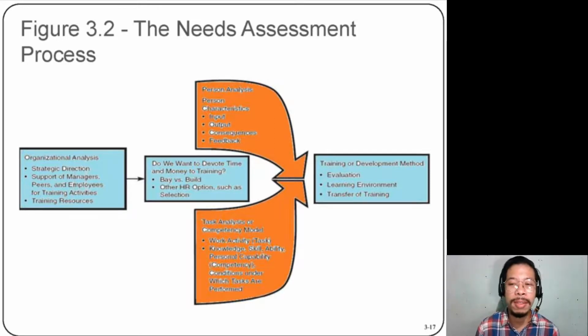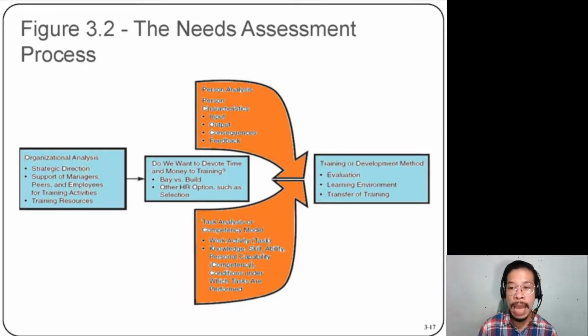What are the business goals? What are the available resources of the organization? And who are the people who will support the training itself? Will the managers support? Will the SMEs support? Will all the stakeholders in the organization support the training?